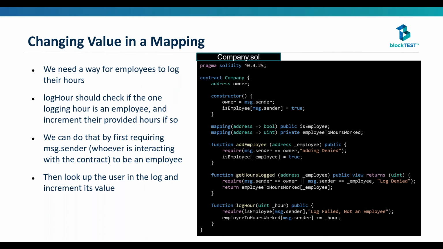If it is called by anybody who is not an employee of the company, we are going to throw an error saying log failed, not an employee. And finally, if he is an employee, the employee to hours worked mapping will be updated for this employee to whatever hours he or she specifies. As simple as that.